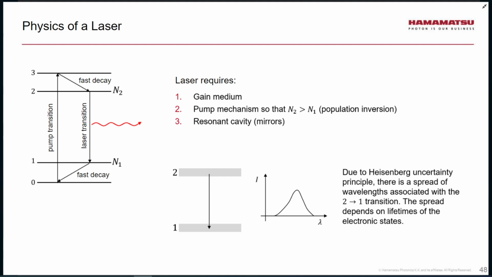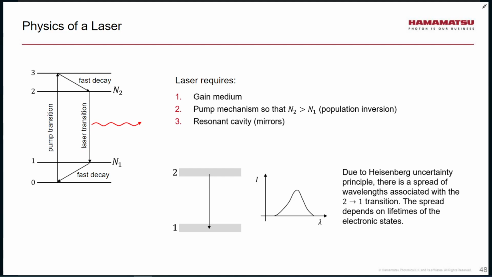Let's now discuss a little bit more about the physics of the laser. I'll not repeat what we said on the previous slide, except point out that, yes, we have more than two energy levels involved, as shown on the left-hand side. Instead, I'd like to focus on the fact that the energy levels are not exactly discrete. They have width to them.